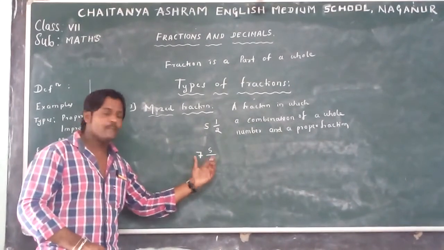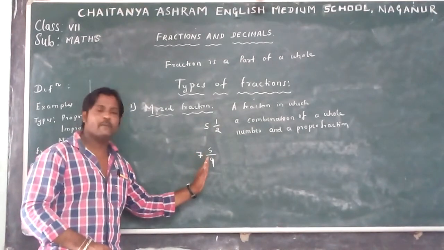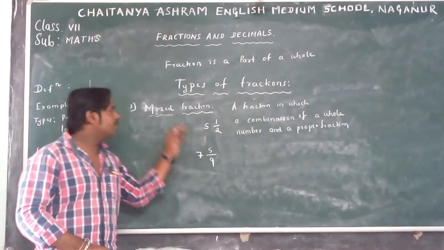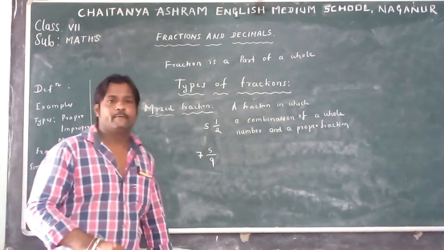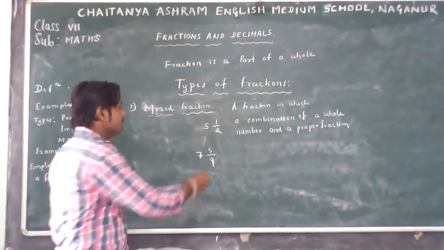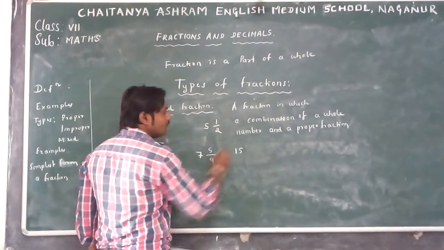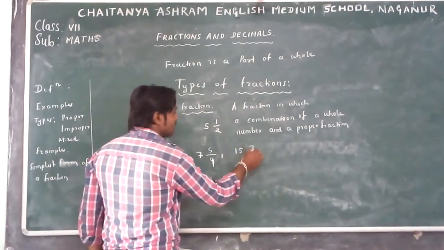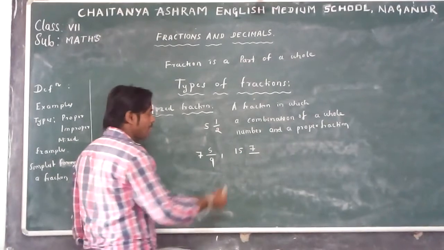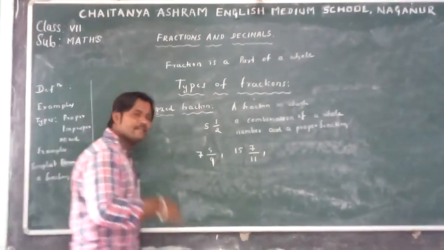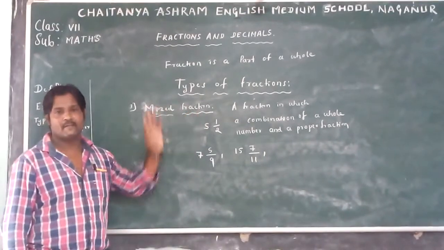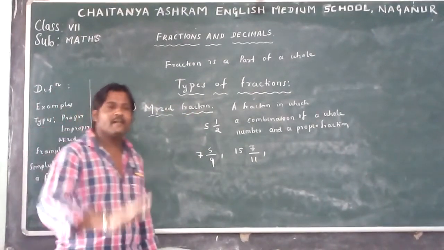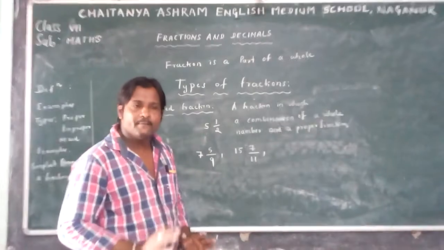It is the combination of a whole and a proper fraction together called mixed fraction. Is there any examples? Yes, 15 whole 7 by 11. Yes, this is also an example for mixed fraction. Dear students, we are learning the types of fractions.